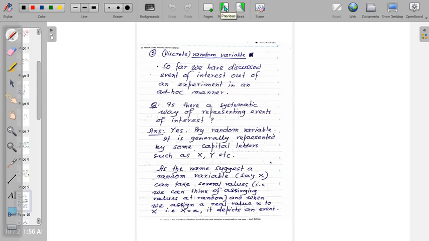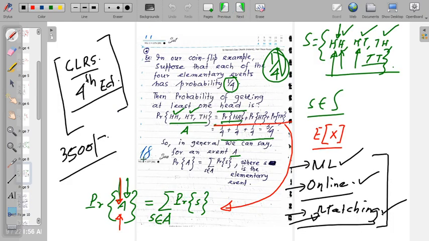Whenever we are talking about probability, we are talking about some sample space, and from that sample space, combining the elementary events. Each individual outcome is an elementary event, and combining those elementary events, we get the bigger events.